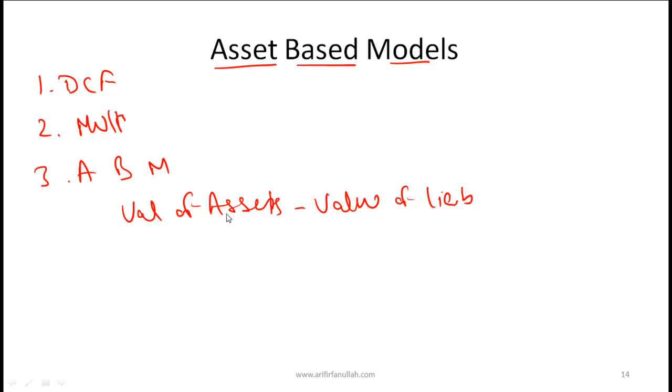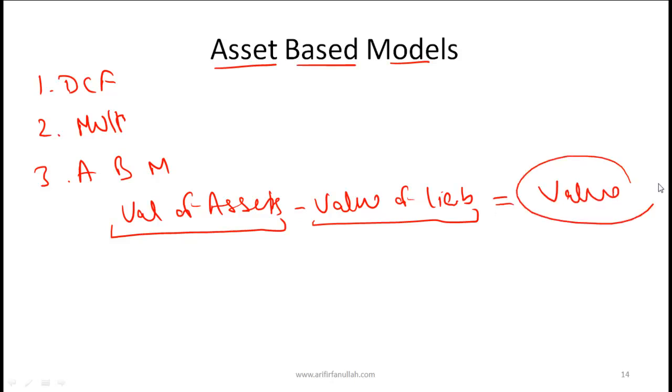So in organizations which have very liquid assets, it would be relatively easy to determine the market value of assets, and generally it is easy to determine the market value of liabilities. So as long as you can easily determine them, you can then determine the value of the firm based on market value of assets minus market value of liabilities.